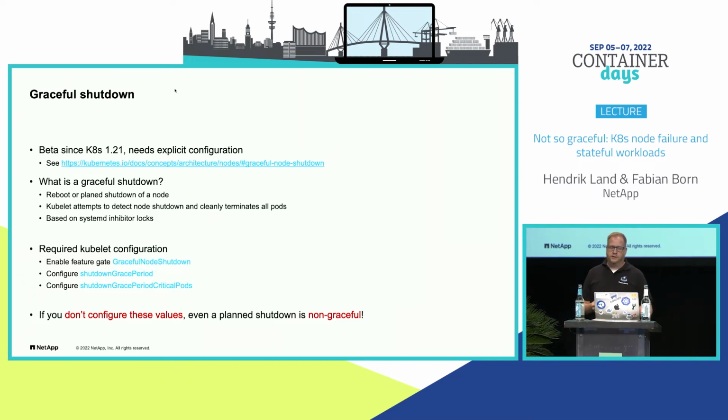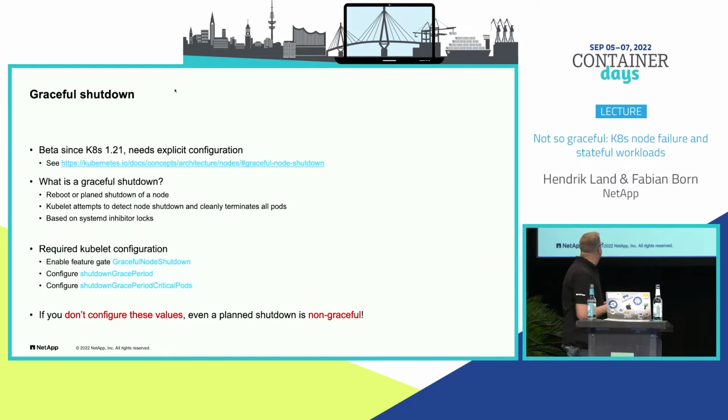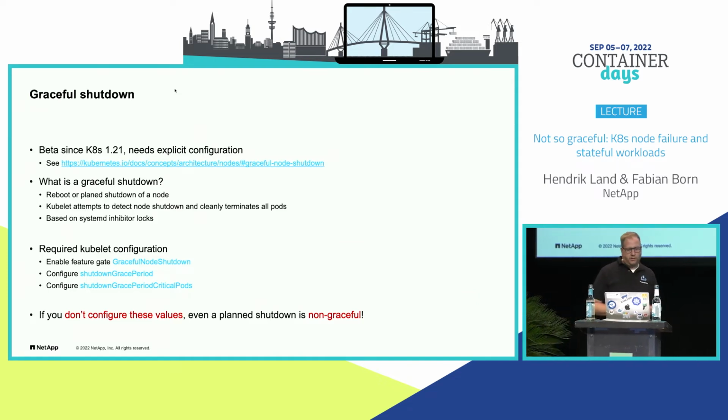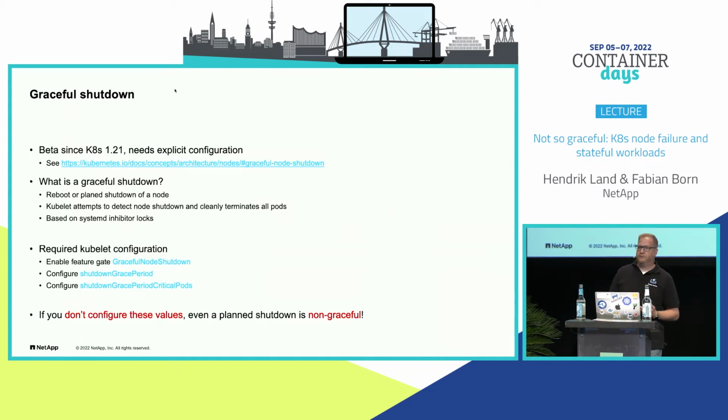It has to be configured. Which kind of configuration do you need? See here. You have to enable the feature gate GracefulNodeShutdown on the kubelet service, on the cluster management service. You have to configure the shutdownGracePeriod as a parameter.